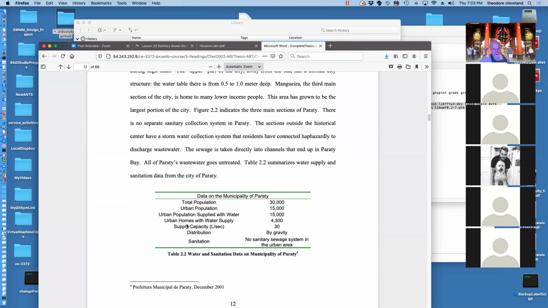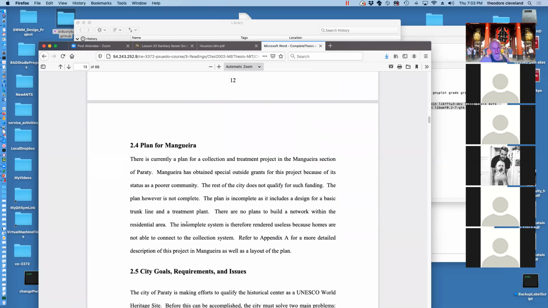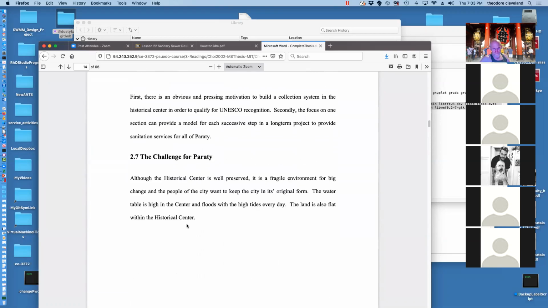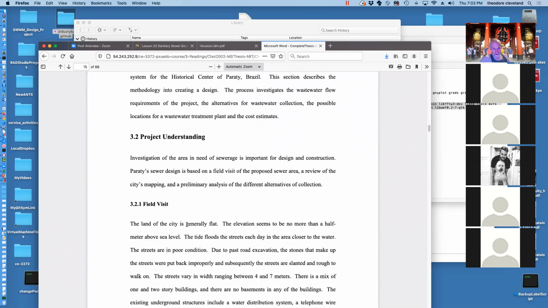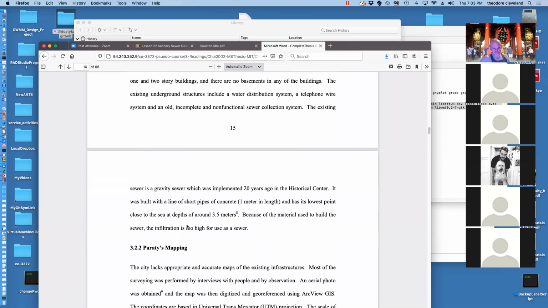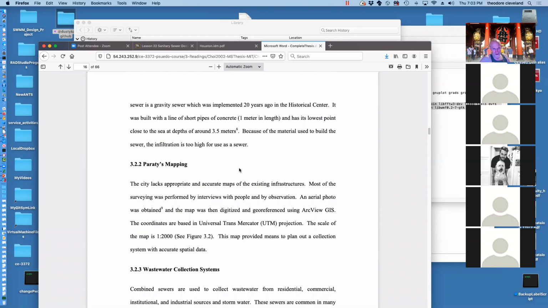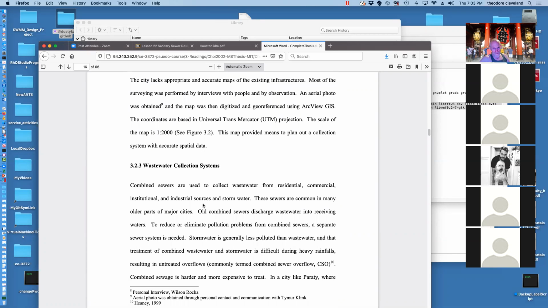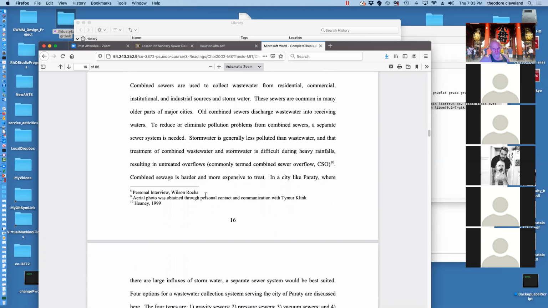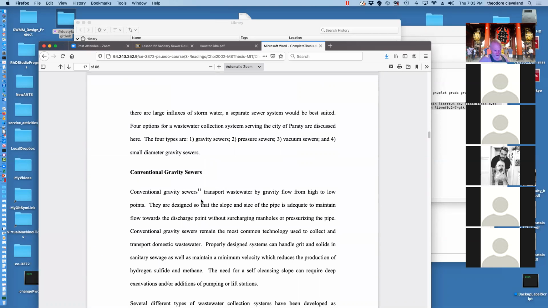We're going to look at an aerial image in a second, and we'll see some interesting things in that aerial image. The methodology of this was to obviously make a field visit, start some mapping, and go through some different potential wastewater systems.